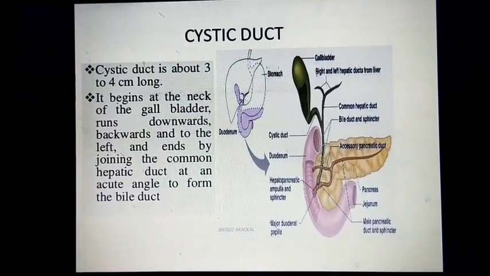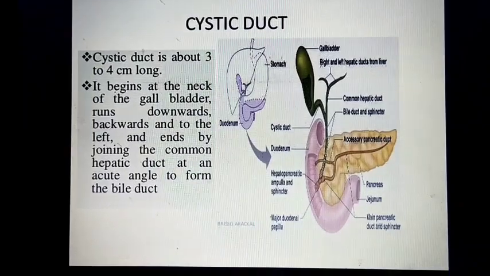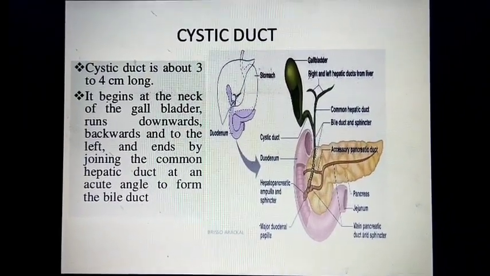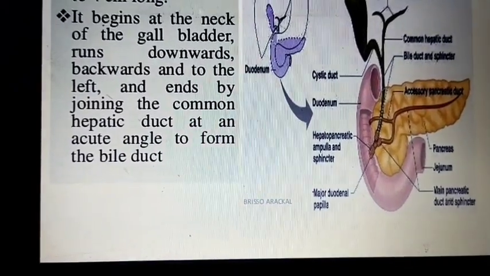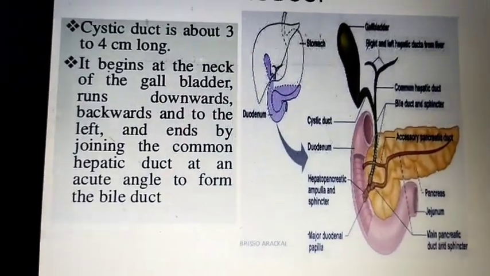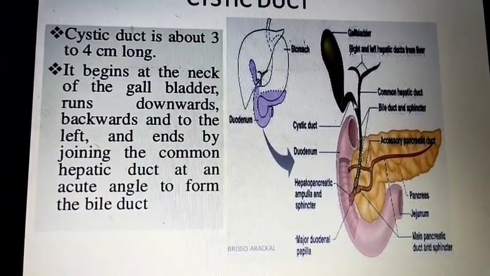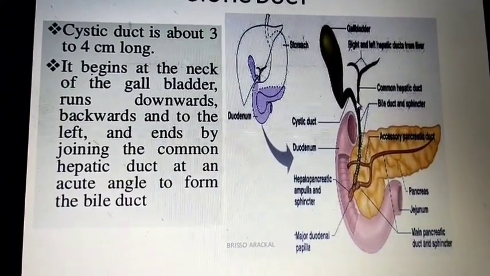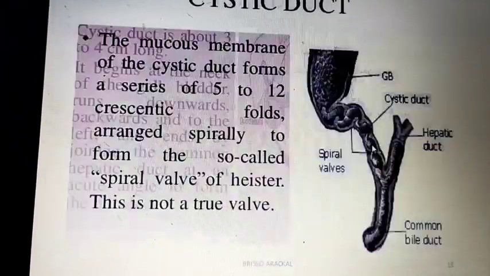It begins at the neck of the gallbladder, runs downwards, backwards and to the left, and ends by joining the common hepatic duct at an acute angle to form the common bile duct. You can see here this is the cystic duct, and it forms an acute angle to form the common bile duct.